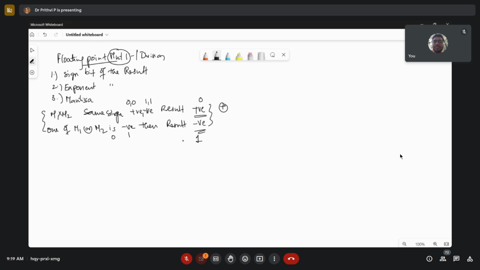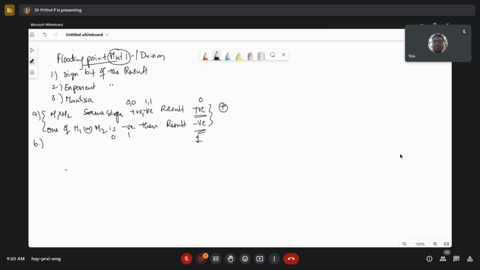Now the exponent: when you are performing the multiplication, the resultant exponent of the product of the multiplier and the multiplicand has to be found. So this is your first one.